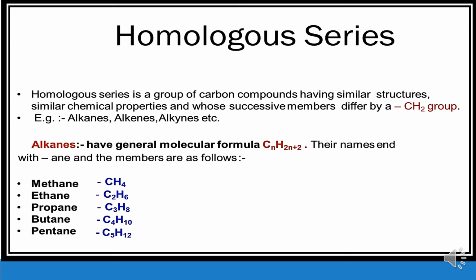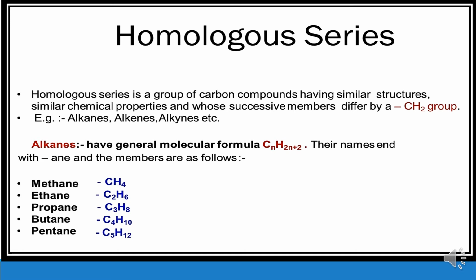I can say here homologous series is defined as a group of structurally similar organic compounds where all the members contain the same functional group. They show gradation in physical properties.